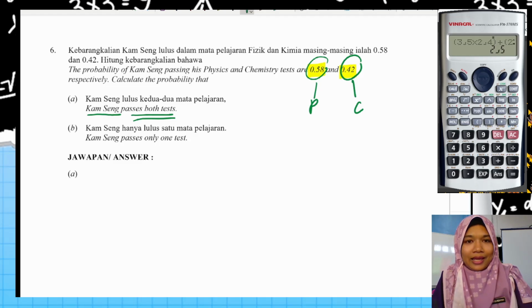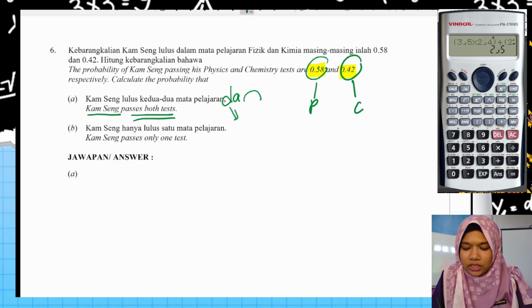Both means and. Kan? And. Both. Kedua-duanya. Bila and, atau dan, so didarab. So you multiply lah both probabilities.